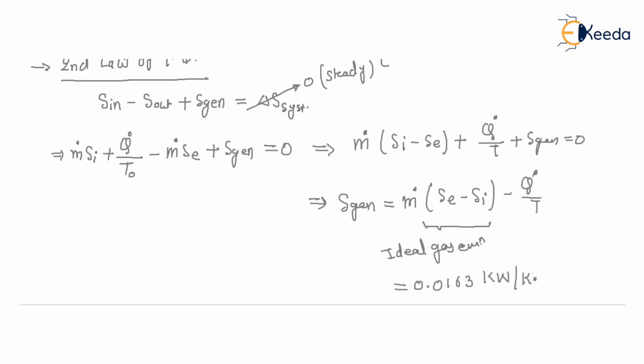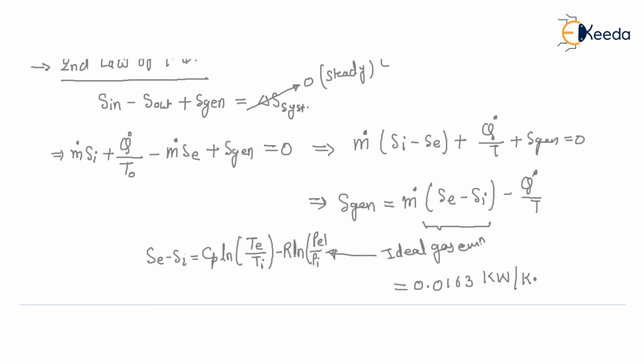How do you calculate Si and Se? Apply the temperature and pressure formula: Se minus Si is equal to Cp ln(Te by Ti) minus R ln(Pe by Pi).